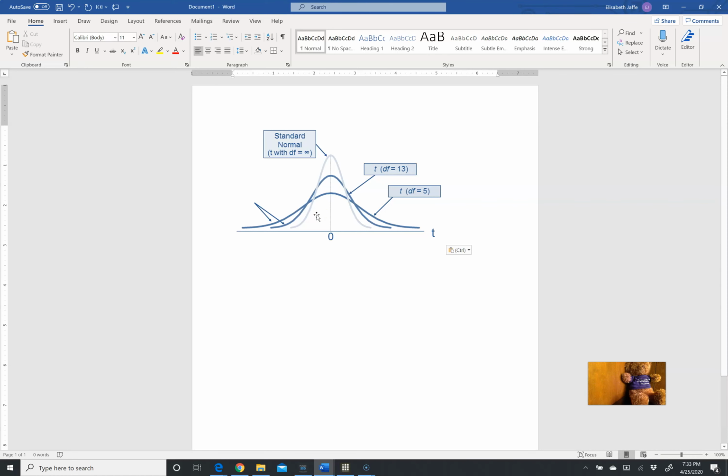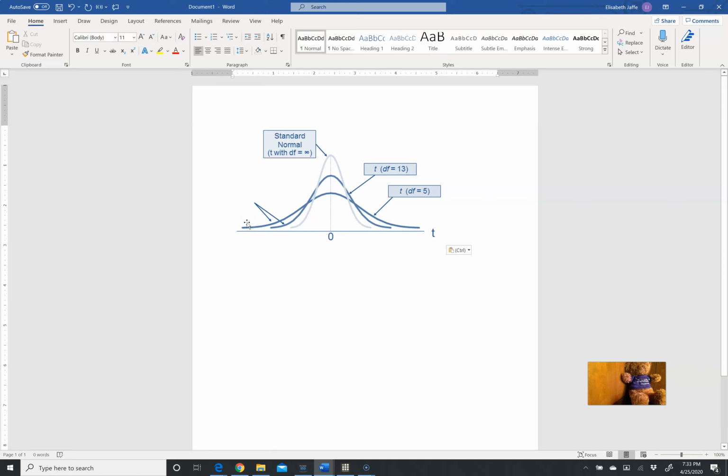When the degree of freedom gets really high, the peak increases and the tails decrease. The tails get thinner and the peak gets higher, because the standard normal curve is when you have the thinnest tails and the highest peak. And what you can see with these different degrees of freedom is exactly that: as the degree of freedom increases, the peak will increase and the tails will get thinner.